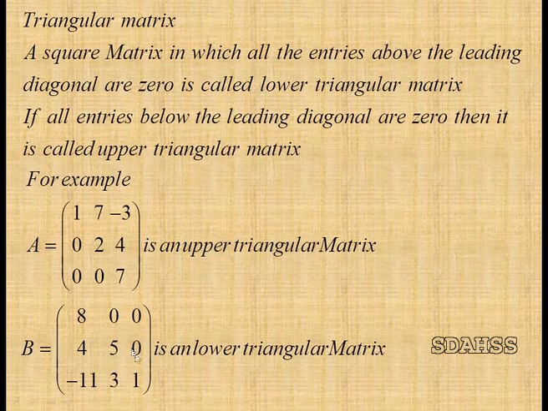In this other example, all the entries below the leading diagonal are 0, so it is called an upper triangular matrix.